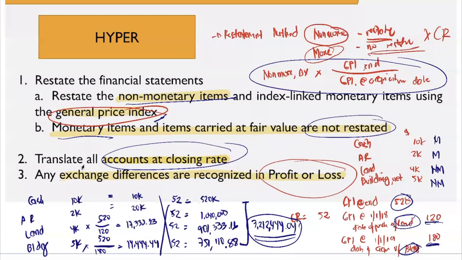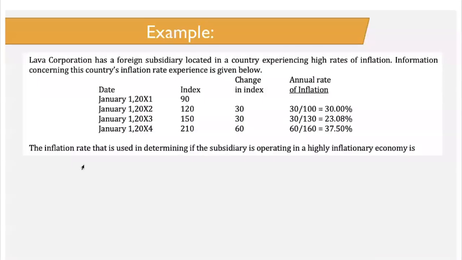Okay. So under PAS 29, it provides also for the characteristics of a hyperinflationary economy. So how do we determine the characteristics of a hyperinflationary economy? When can we say it is a hyperinflationary economy?